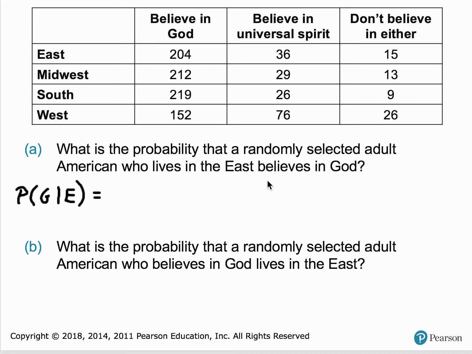All right, so I need to come up here and find the number of outcomes of people that believe in God and live in the East: 204.